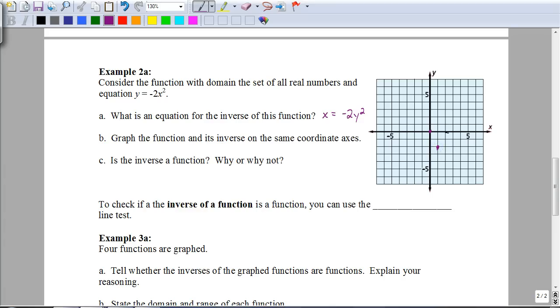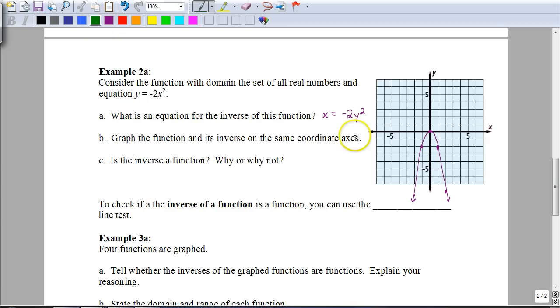And now when we put 2 in here for x, 2 squared is 4, times negative 2 is negative 8. That's going to run off my grid here, but that's okay. 6, 7, 8 would be right about here. Reflect that over the y-axis. And we have our parabola, which turned out pretty good.